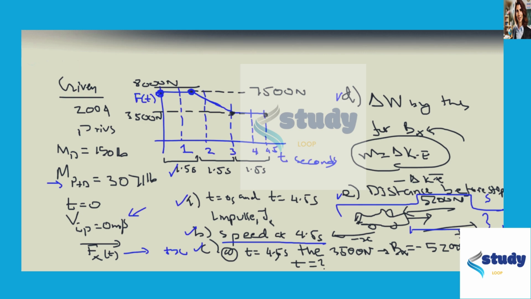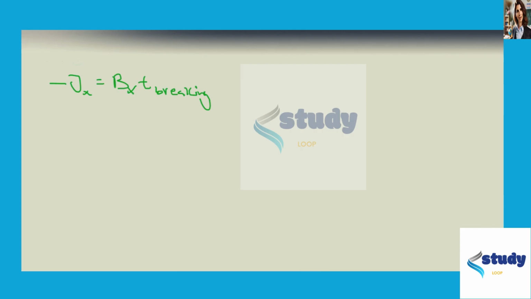And the sole question is, how much time does it take for the braking force to be applied? That's what you're looking for, the braking time. So T braking equals negative Jx, or the impulse, divided by the braking force.